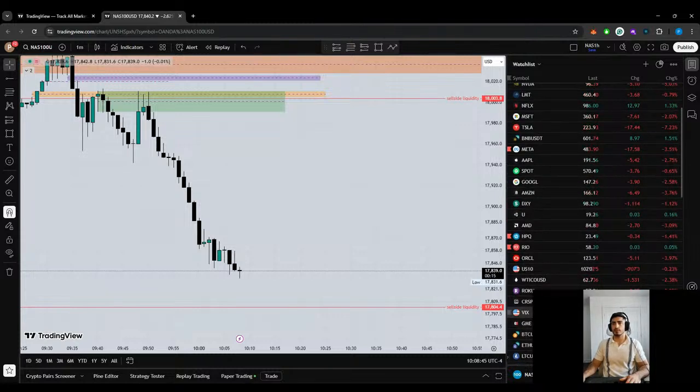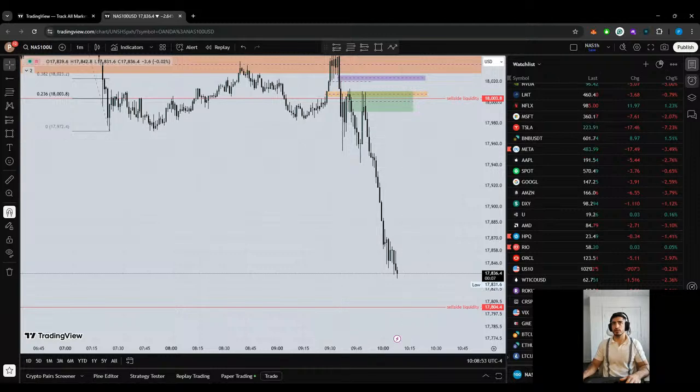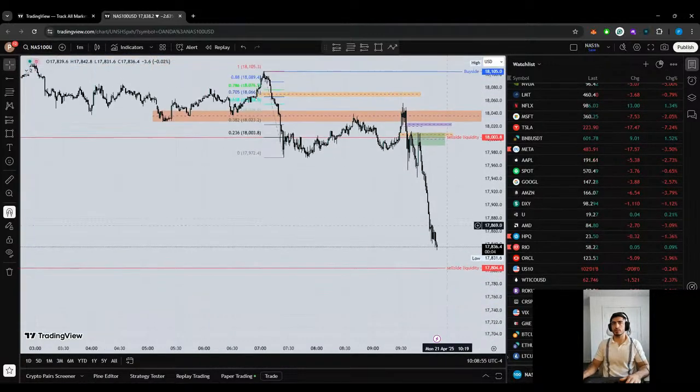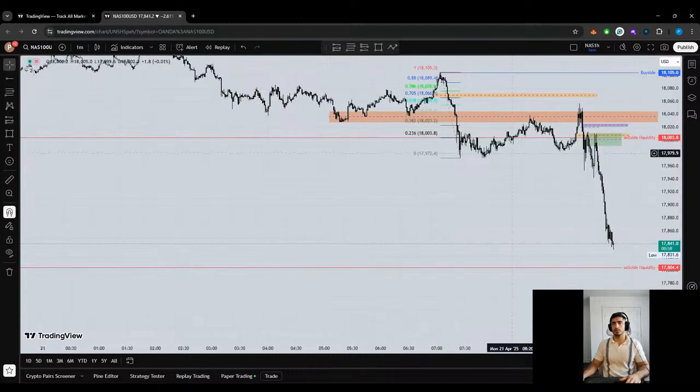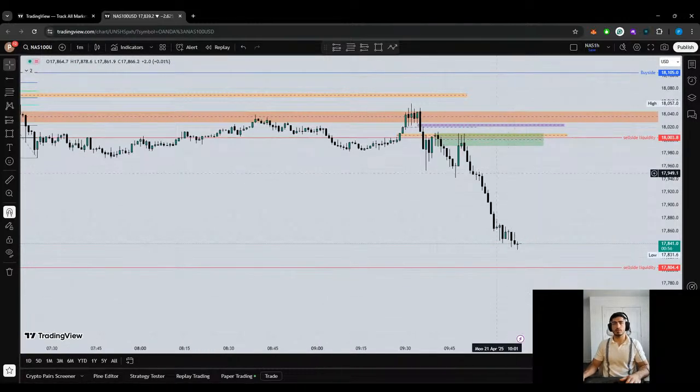VIX is up 12%. Not much more than this morning, and markets going down way more than this morning at around here. So we might be seeing some type of slowdown.